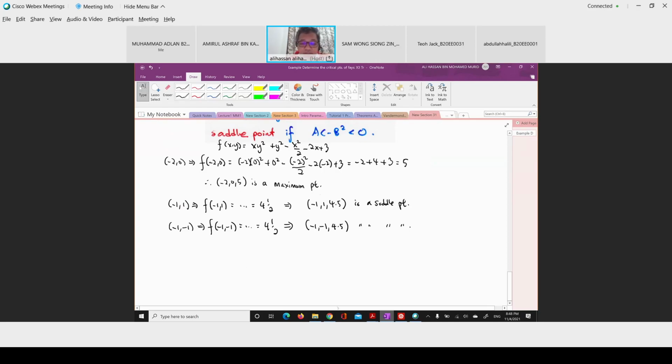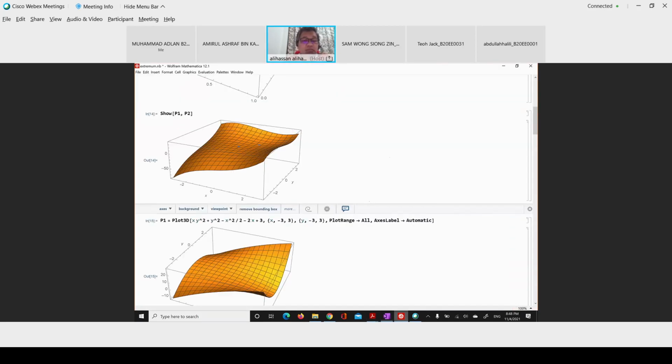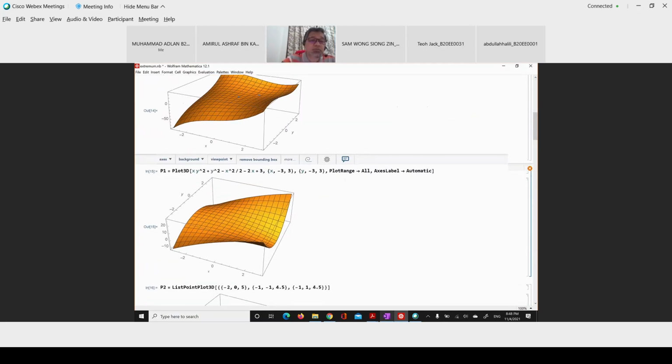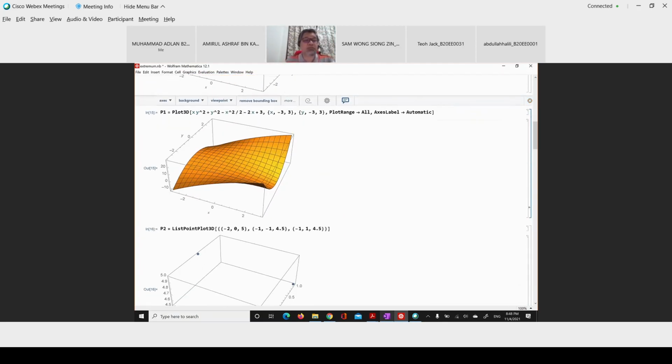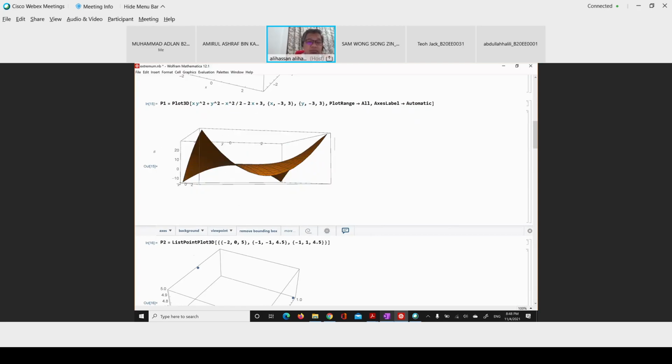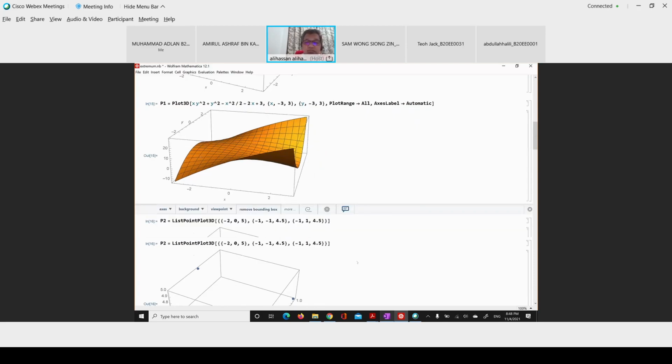I've also plotted the surface here using Mathematica. This is the surface of xy squared plus y squared minus x squared over 2 minus 2x plus 3. You can see I can also rotate it. So where are the critical points?